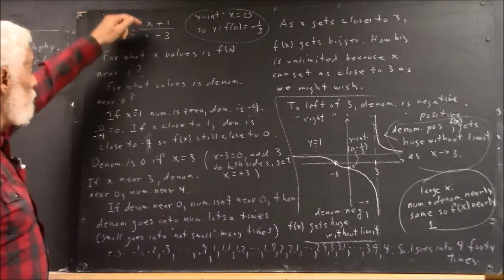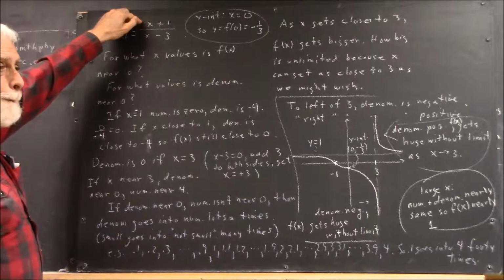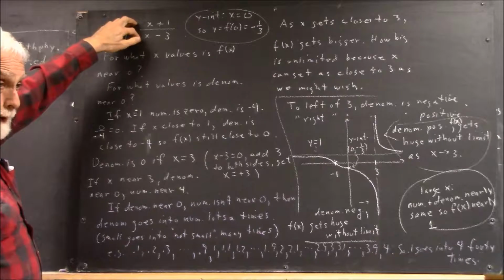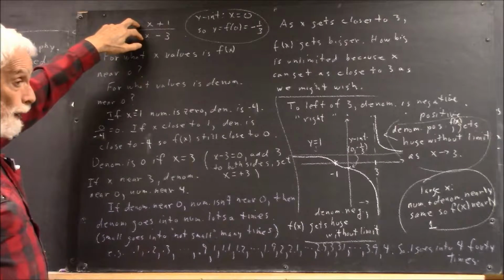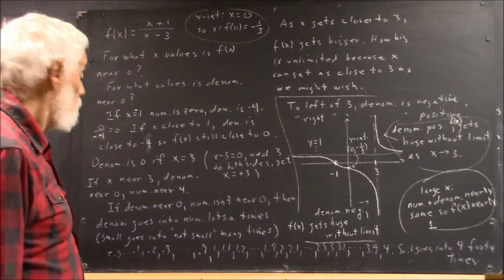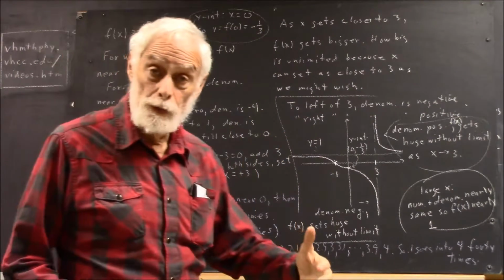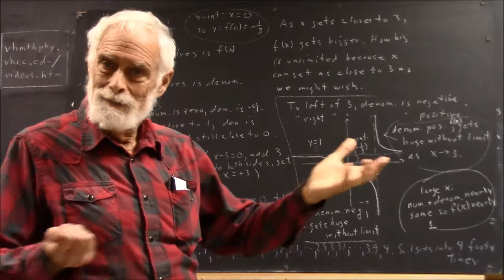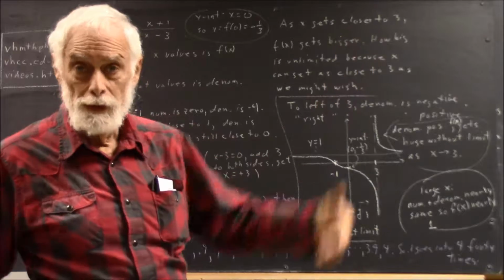So if you divide a numerator that's about the same size as your denominator, both numbers about the same size, you're going to get about 1, aren't you? Because if you divide a number by itself, you're going to get 1. If you divide 100 by 97, they're both pretty close, within 4%.